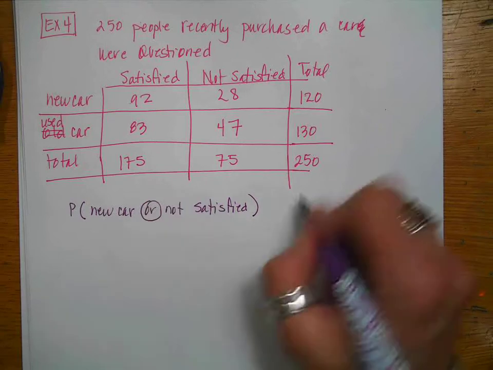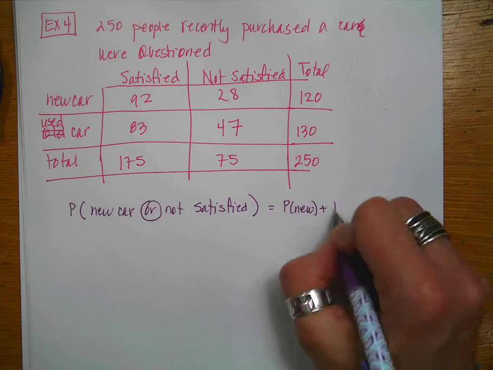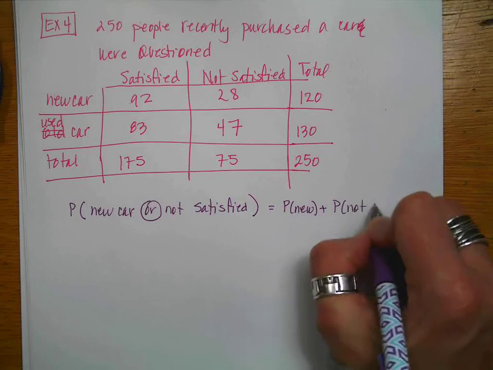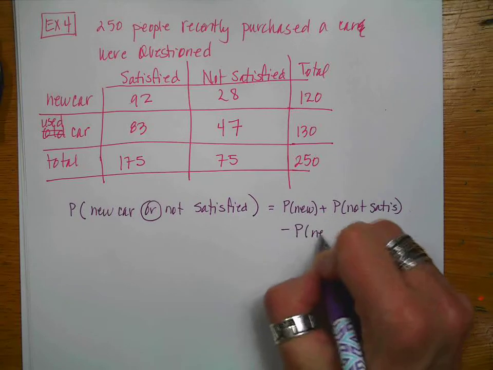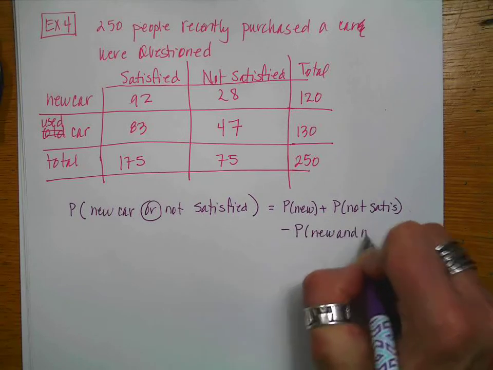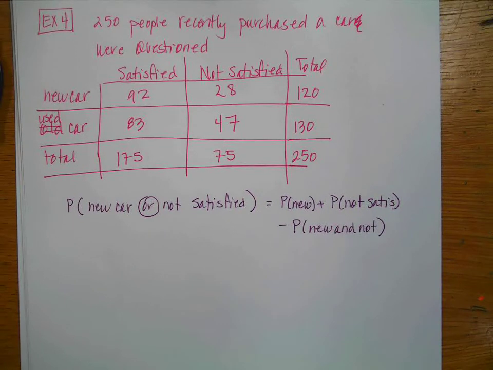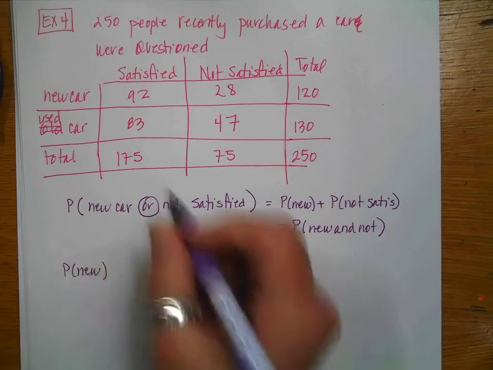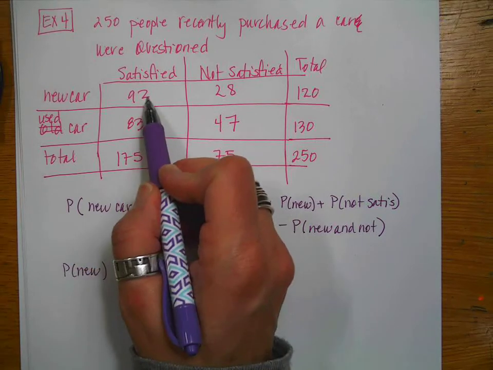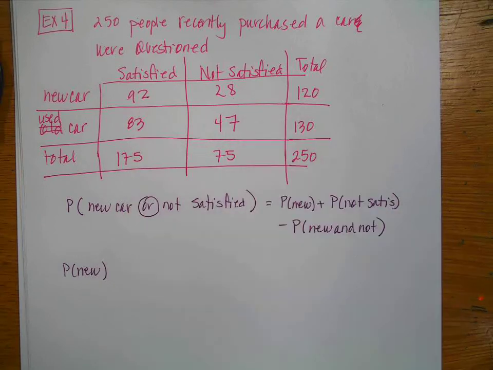So if we look at the probability of, because this is the probability of or, remember it's going to be the probability of new plus the probability of not satisfied minus the probability of new and not. Okay? Alrighty? So then my probability of new is there are 92 and not satisfied.